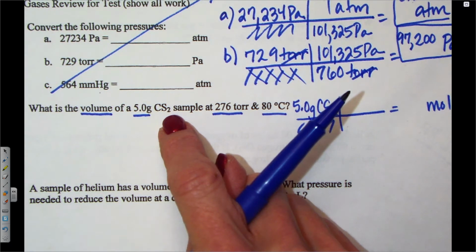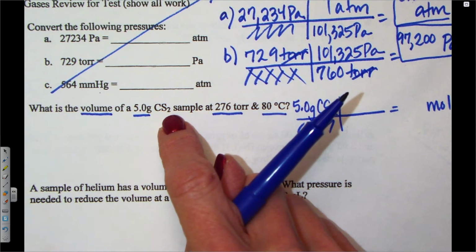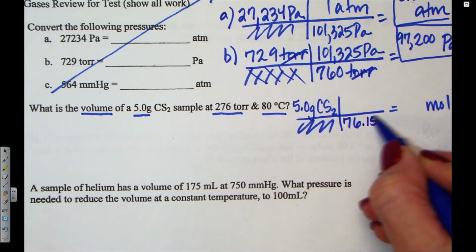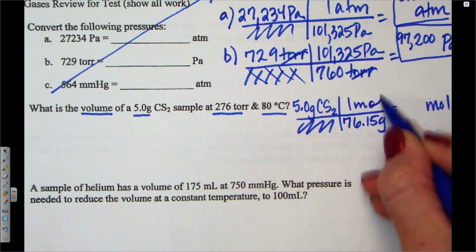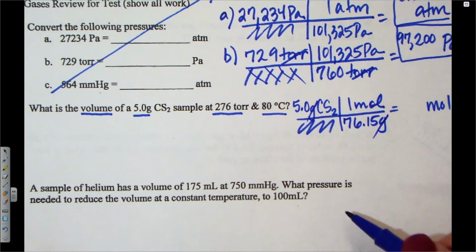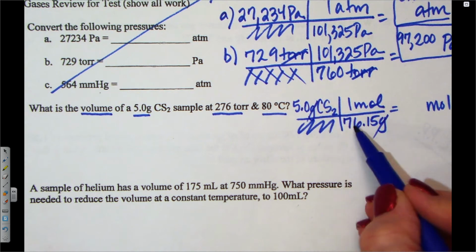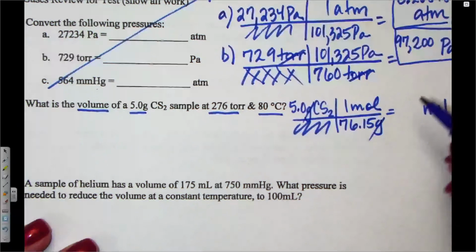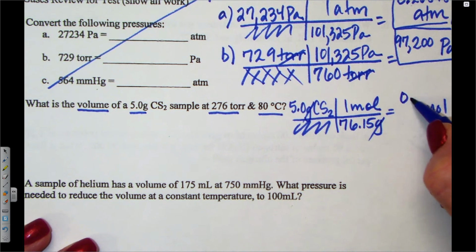And that's going to give you, for your carbon disulfide molar mass, 76.15 grams per mole. That's your molar mass of the CS2. So that's going to let your grams cancel. And when you divide here, 5 divided by 76.15, that's going to give you the moles of this substance, which is 0.066 moles.